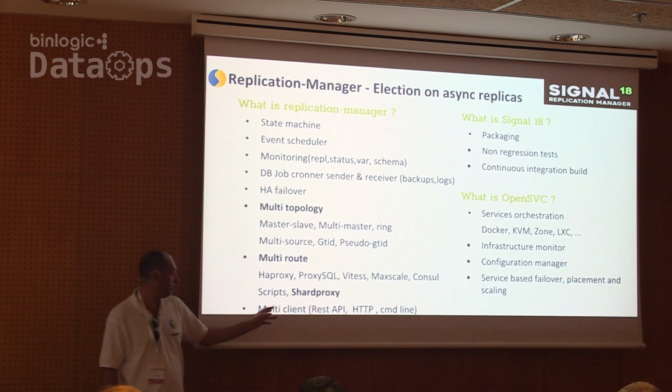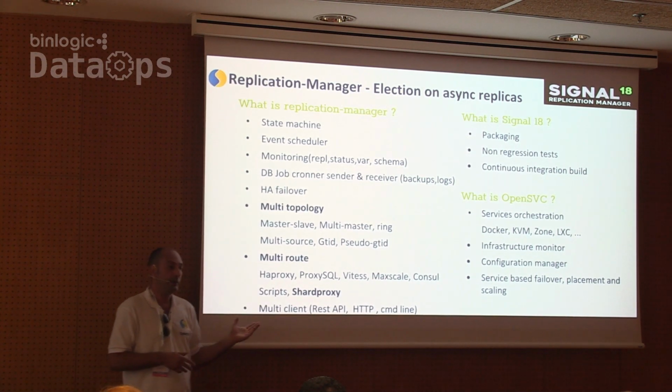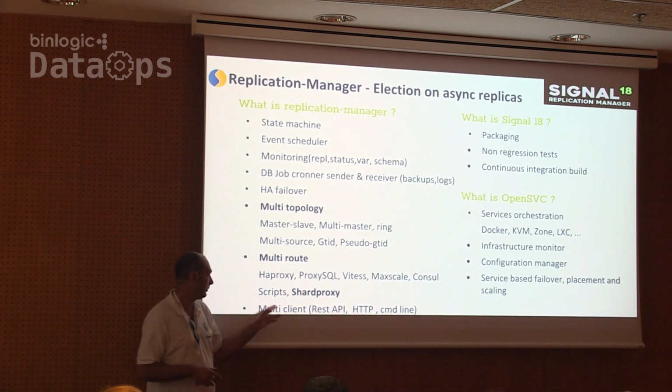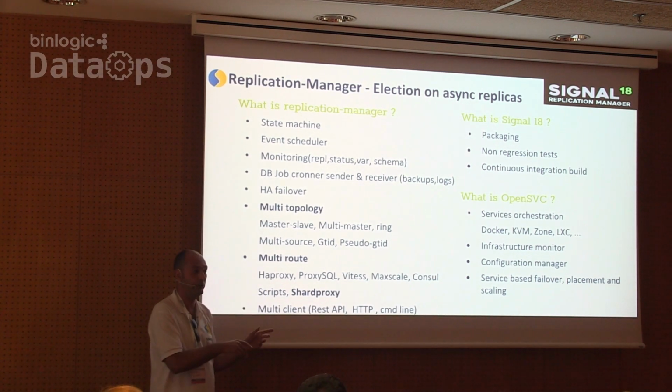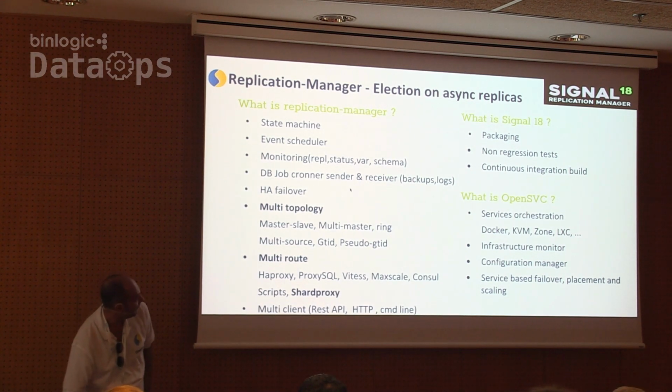And multiple clients, so it's a client-server architecture. You have a REST API, JWT REST API, and you can drive all what I've done with the HTTP clients, or by command line clients, or by HTTP API, or the web interface.